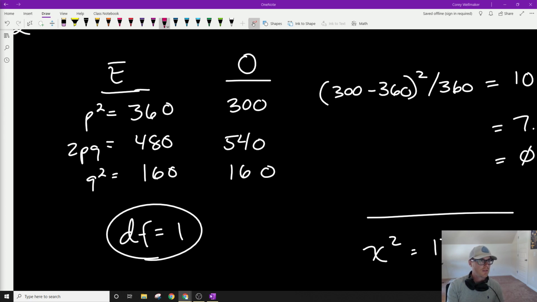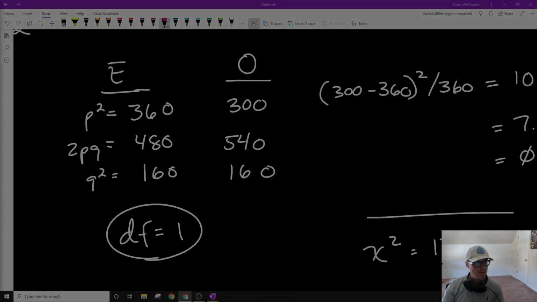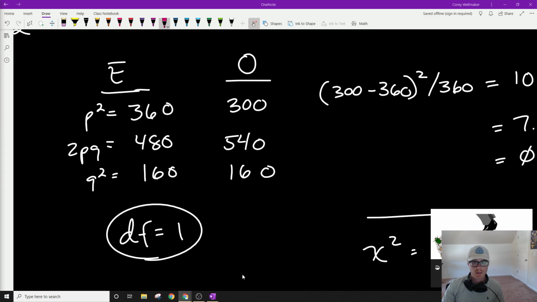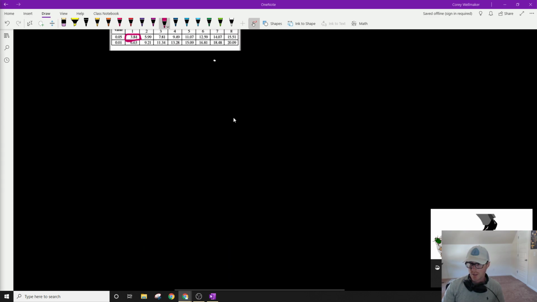There's a picture of genetic drift that I think does a good job of summarizing what it is. So when I think of genetic drift, this is what I think of.